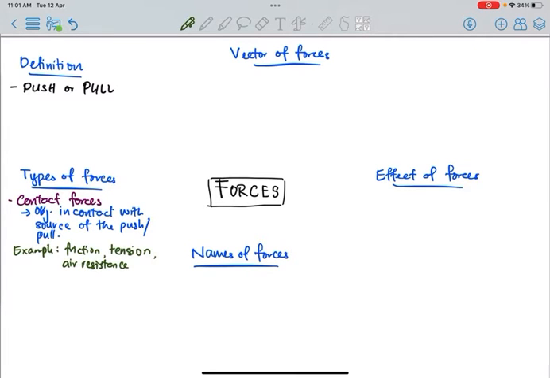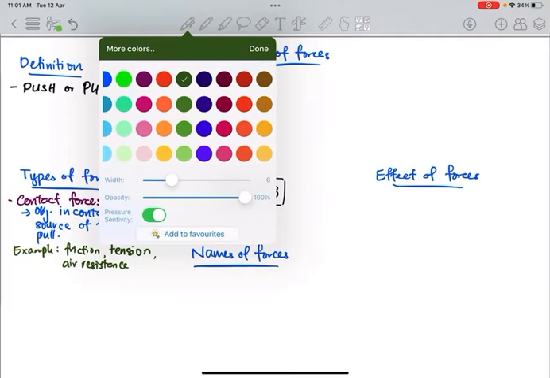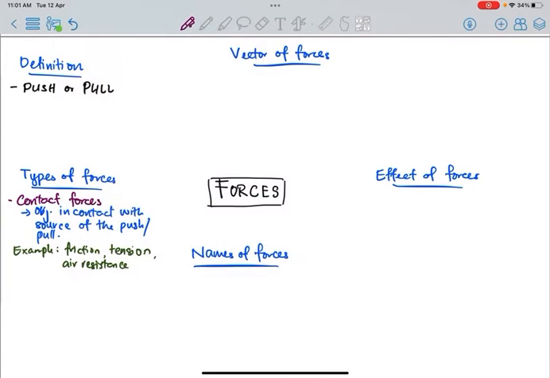Okay, the second type of force is also known as non-contact forces. For this case, for the force to be acting, it need not be in contact with the object.